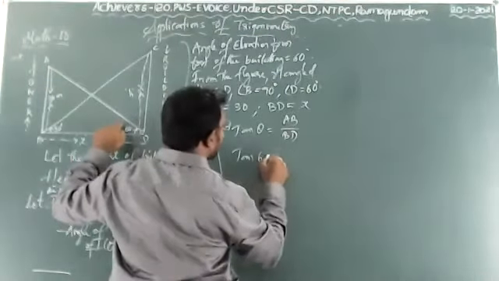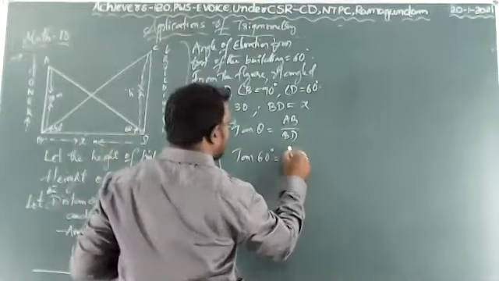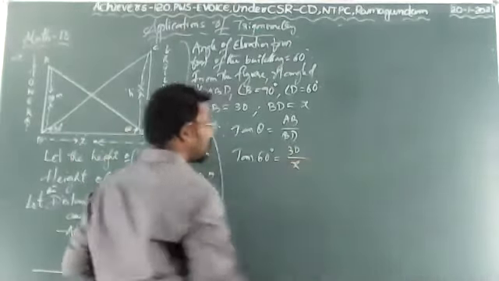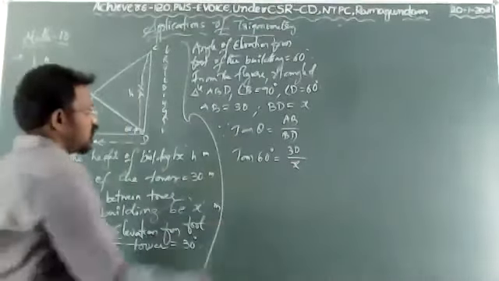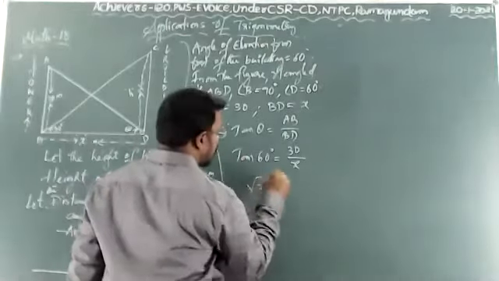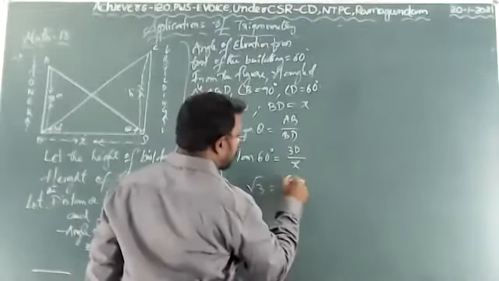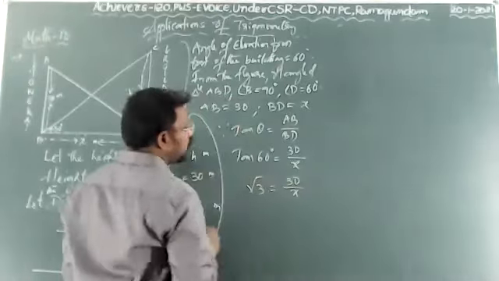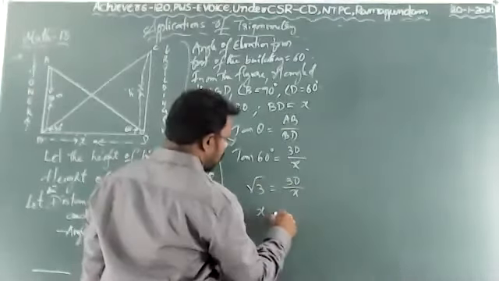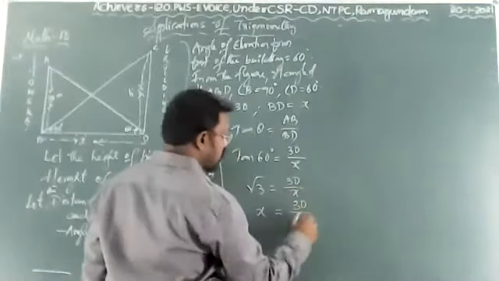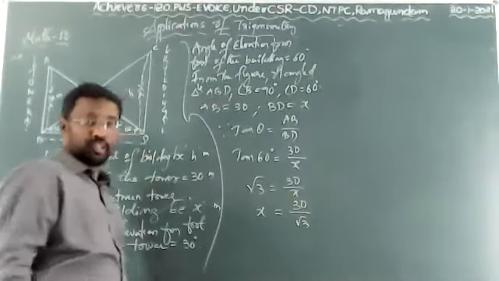Tan 60 is equal to AB, which is 30, by BD, which is x. Tan 60 value we know is root 3. So root 3 is equal to 30 by x. Bring x to this side and send root 3 to this side. It becomes x equal to 30 by root 3.